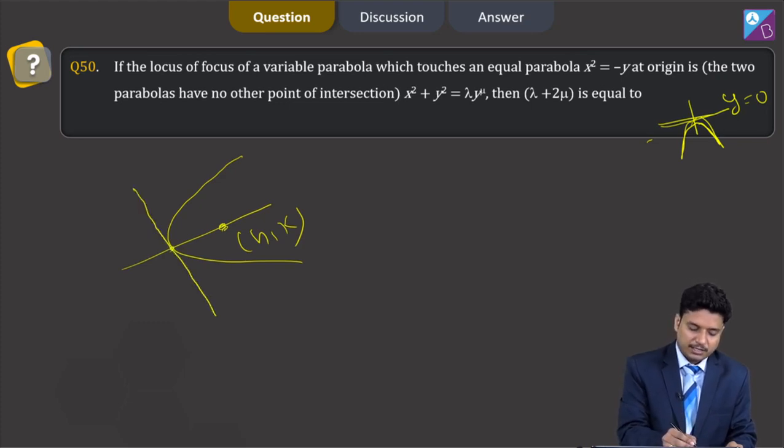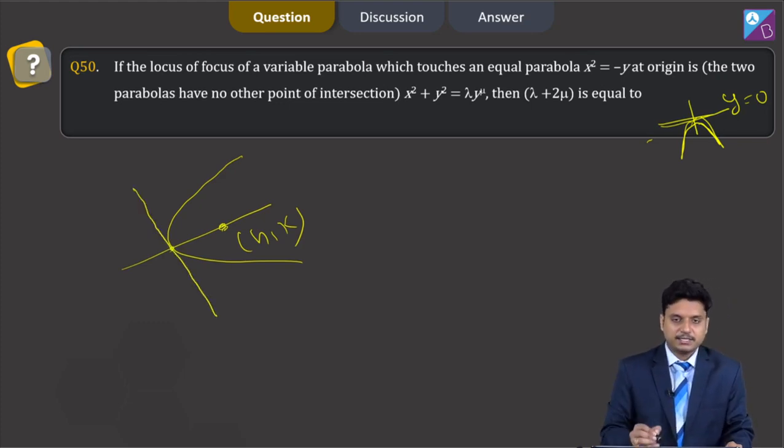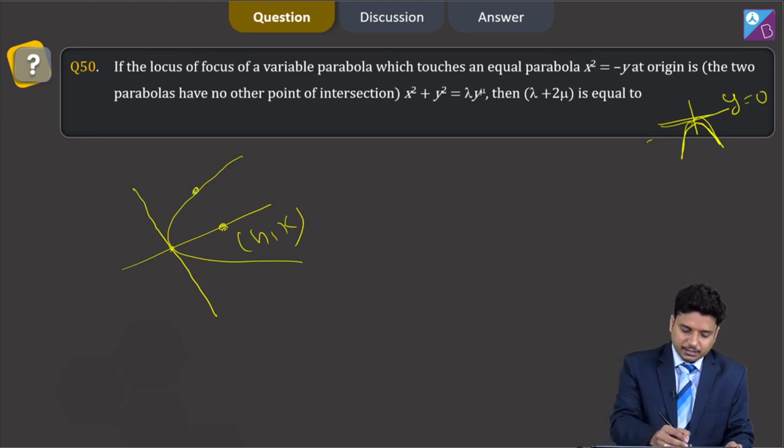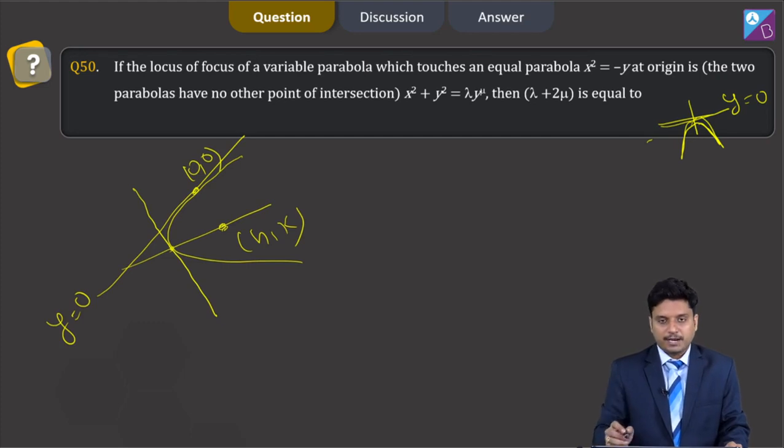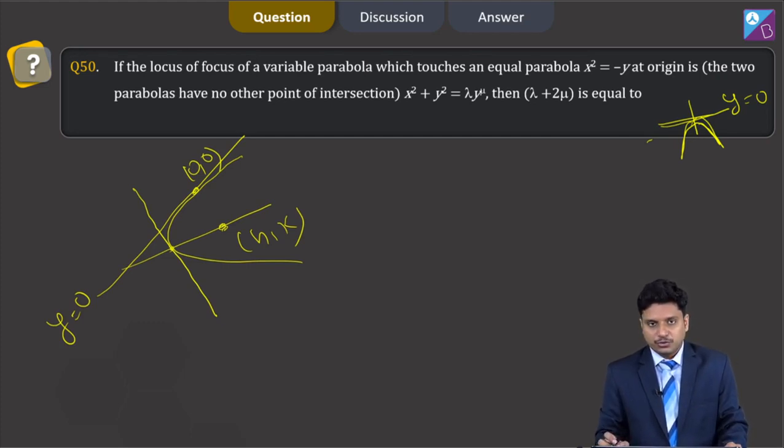For this parabola, the tangent at vertex will be like this, and this parabola is actually having a tangent y equal to 0 at 0 comma 0, because both the parabolas touch at x equal to 0 at origin. That means y equal to 0 will be the common tangent.